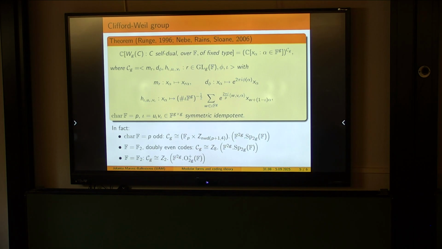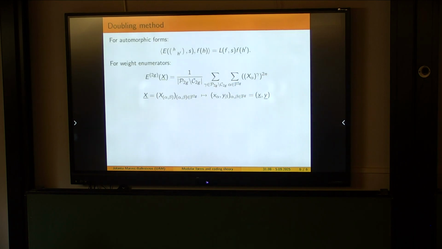But we also know that this Clifford-Weil group is isomorphic to a group which is related to a symplectic group or orthogonal group. So this dot here means that, for example, this Z8, cyclic subgroup of order 8, is a normal subgroup of the group, and the quotient is isomorphic to the group on the right.